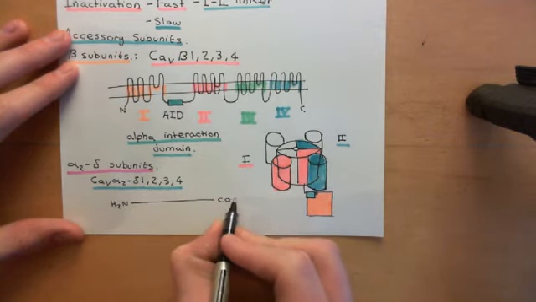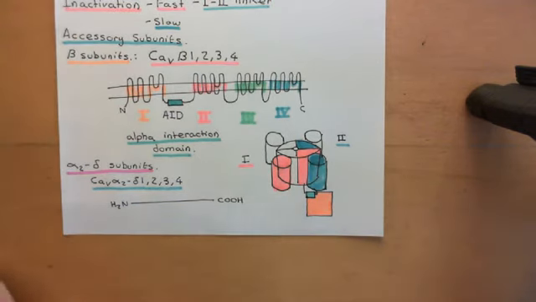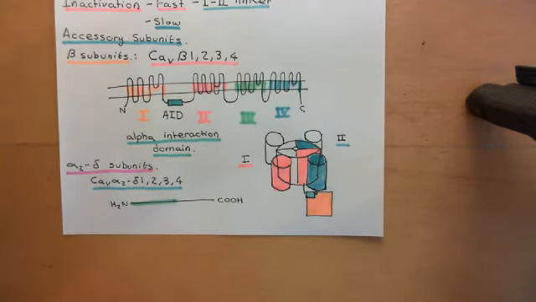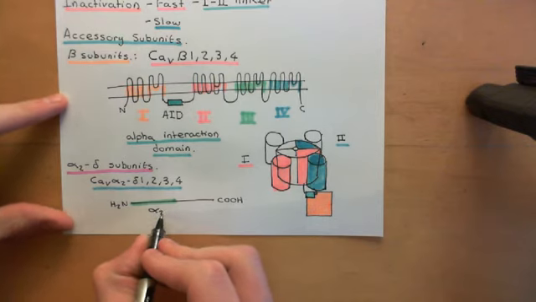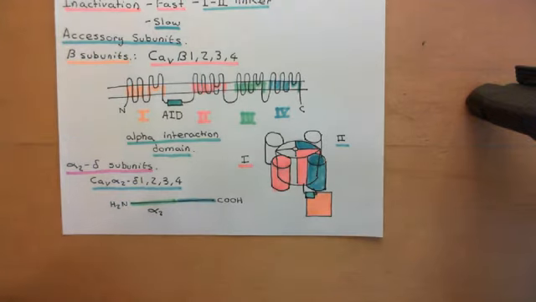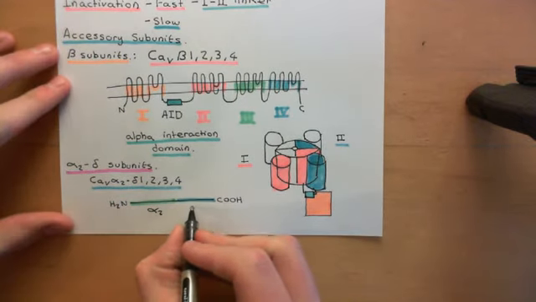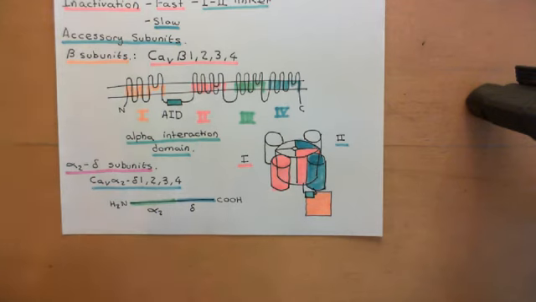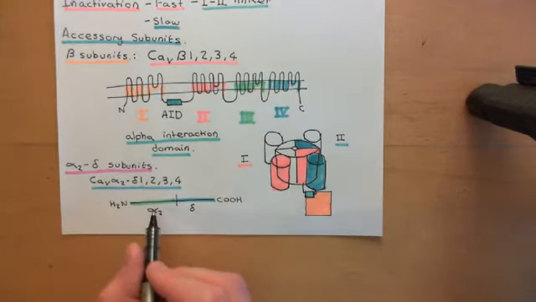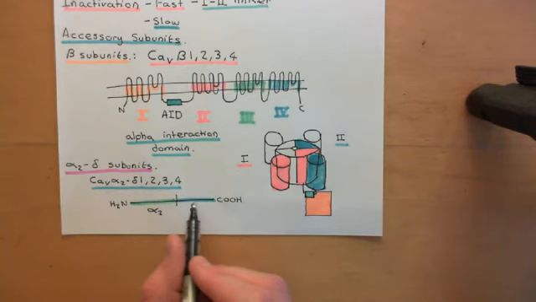Here's the amino terminus, here's the carboxylic acid terminus, and at the start of this protein you will have a portion that is going to make the alpha 2 portion, and then a portion that is going to make the delta portion. So each one of these genes makes a pro-protein which contains an alpha 2 portion and a delta portion. This is post-translationally cut up into the alpha 2 portion, which is at the amino side, and the delta portion, which is at the C-terminal side.